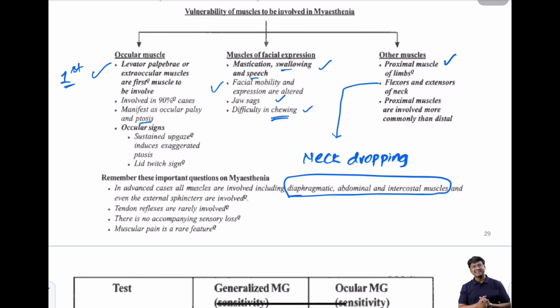Once there is involvement of respiratory muscles, the individual will develop respiratory failure. And what type? It will be type 2 respiratory failure. The deep tendon reflexes are rarely involved, and there will be no accompanying sensory loss.